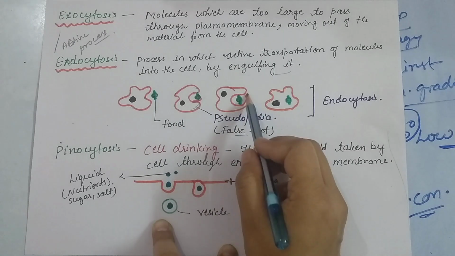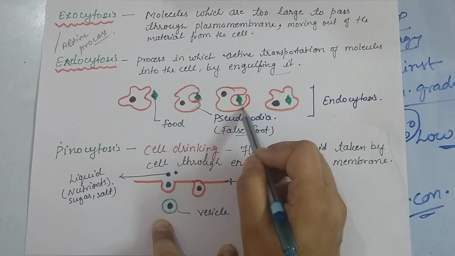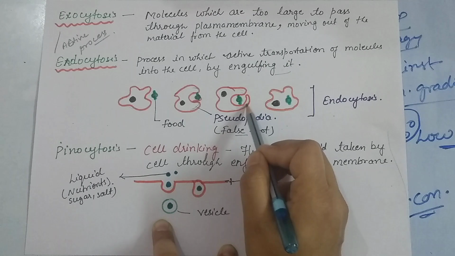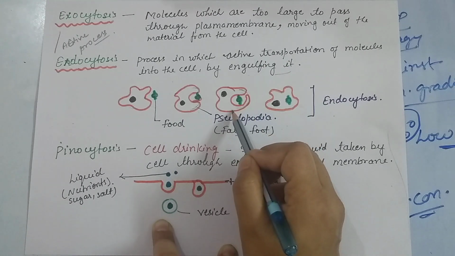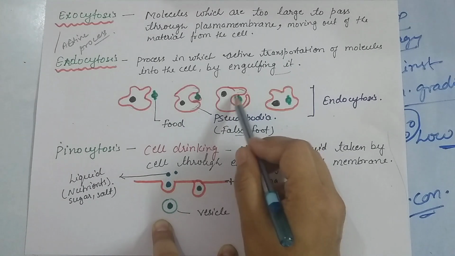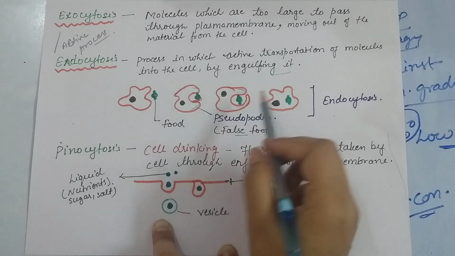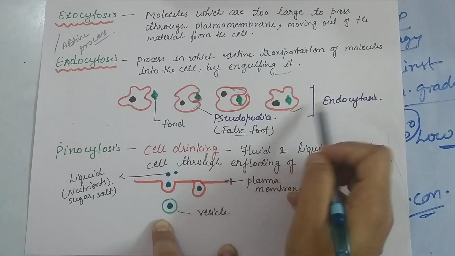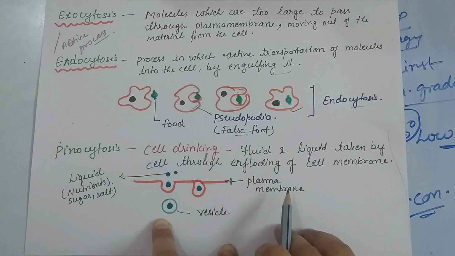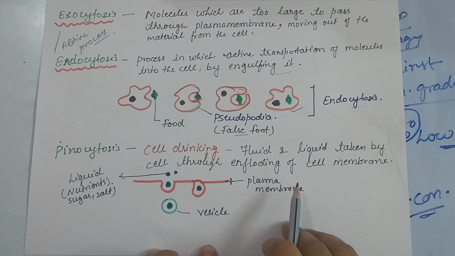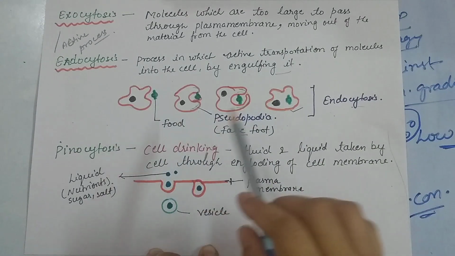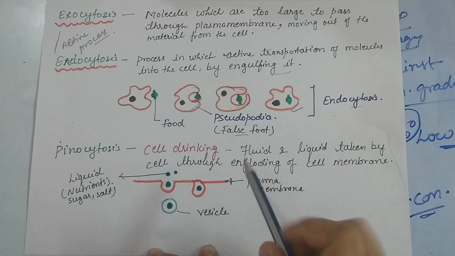By extending the pseudopodia, the amoeba rounds up the food particle and then engulfs it. This is the endocytosis process in amoeba, and the amoeba obtains its food in this way.